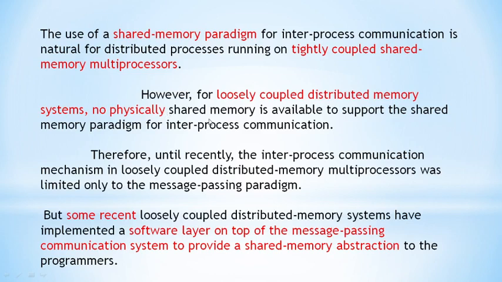So no physical shared memory is available in loosely coupled distributed systems. So how, in a distributed system with loosely coupled distributed memory, are we going to implement the concept of shared memory? That is the question.